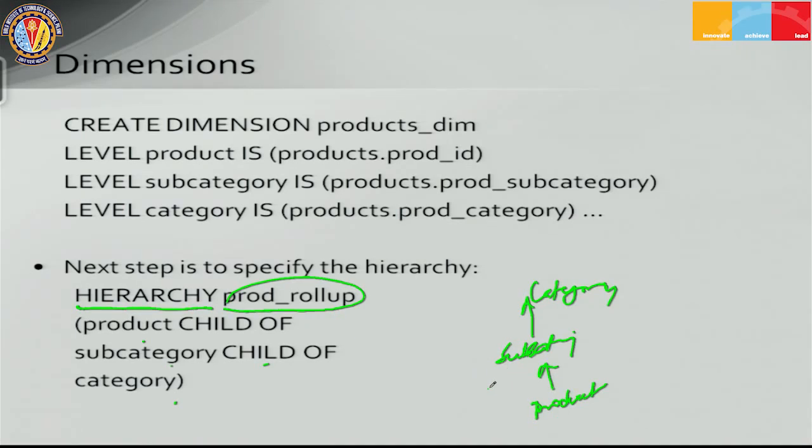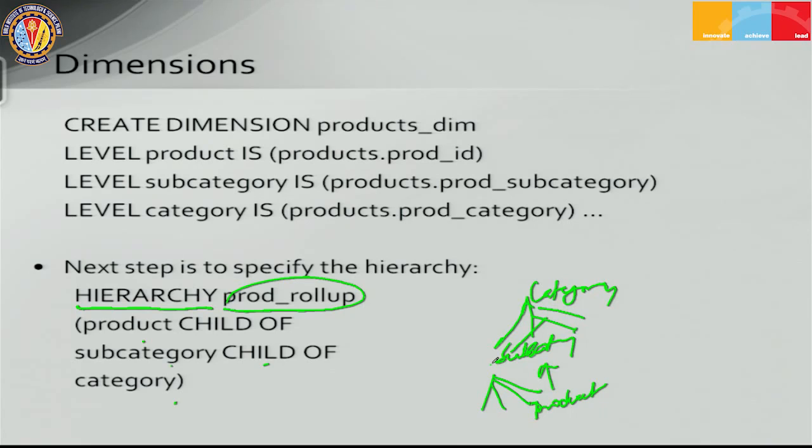One category would have multiple subcategories, and one subcategory would have multiple products in it. So this way you can define the hierarchy, and this can be used when you are doing a roll-up, right?